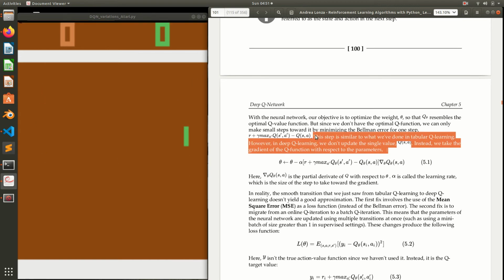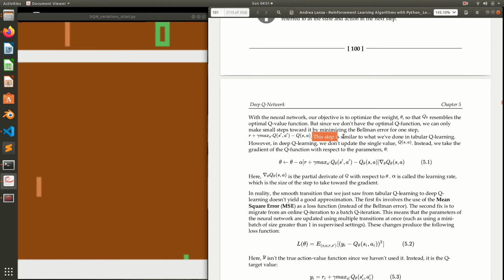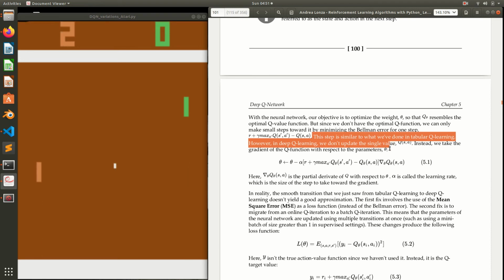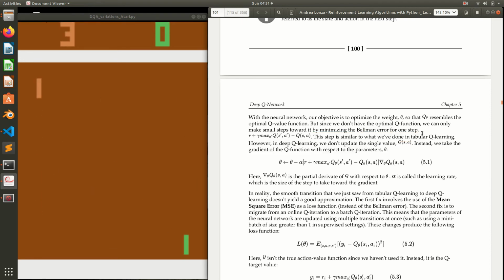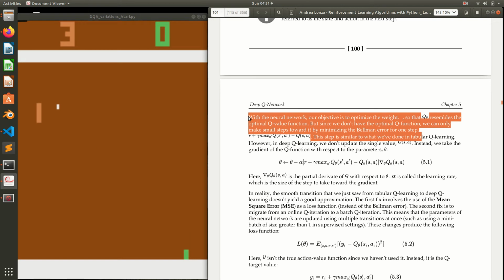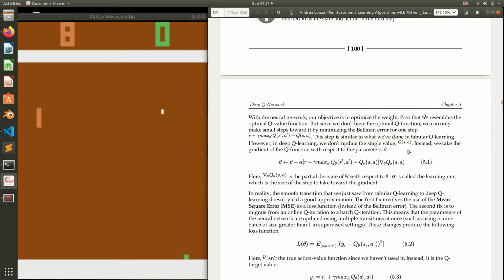Because this is a neural network, this has to be trained to update its parameters. These are the weights of the neural networks. So to update these parameters of the neural network, we have these equations. You can see here they are based on the gradient of the Q value.